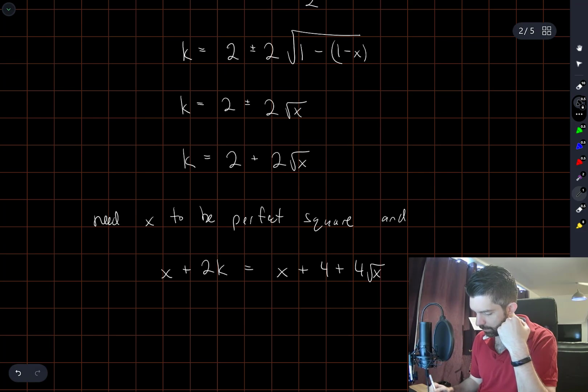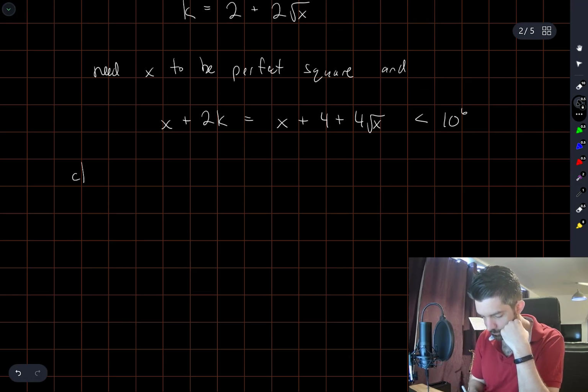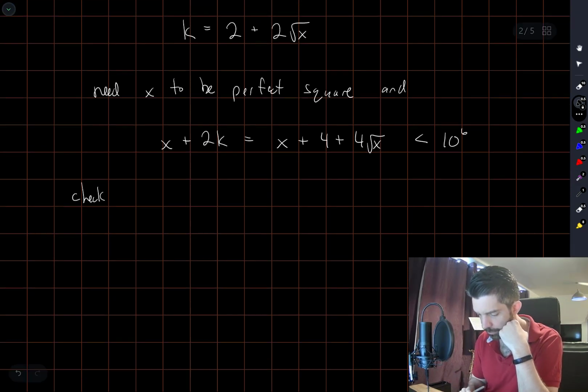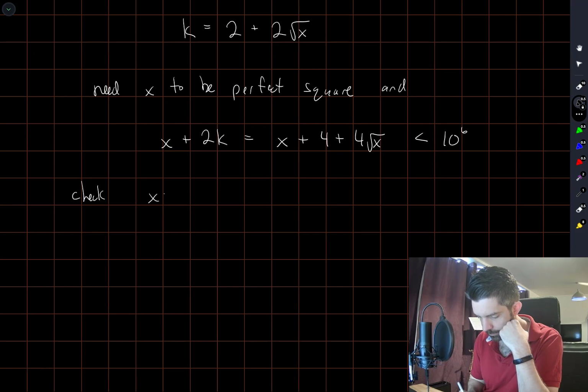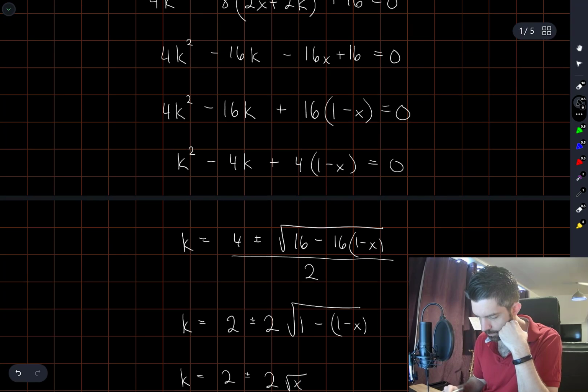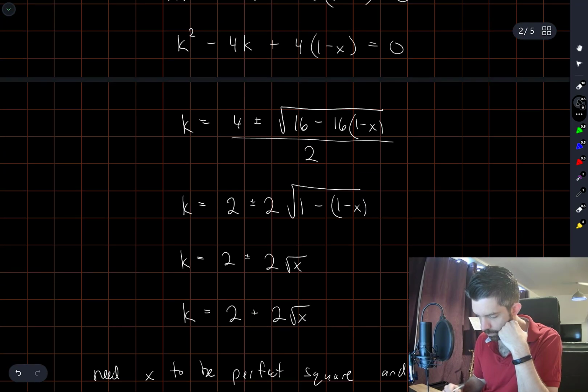Let's just check that if I let x equal to 1, the corresponding value of y does work. We can check a couple of values here, actually. So if x equals 1, k is equal to 4, y is then equal to 9.